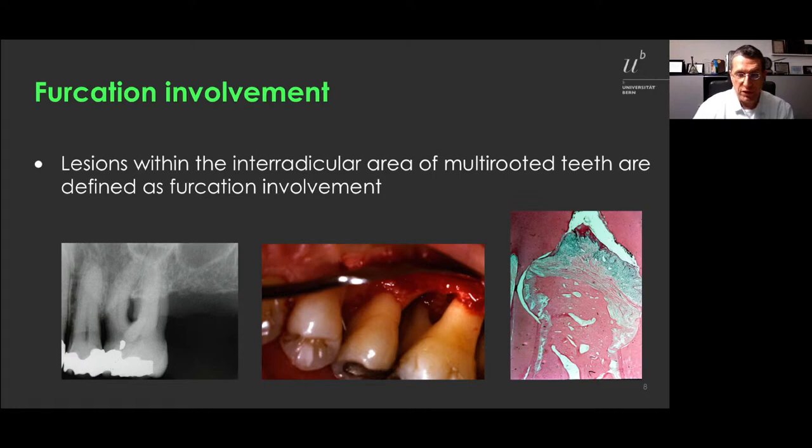Histologically, such an area is characterized by a biofilm colonization of the furcation area, and of course an ingrowth of soft tissue, of so-called granulation tissue, into the defect that encompasses also a heavy infection with bacteria, and it is very difficult to access and to clean.